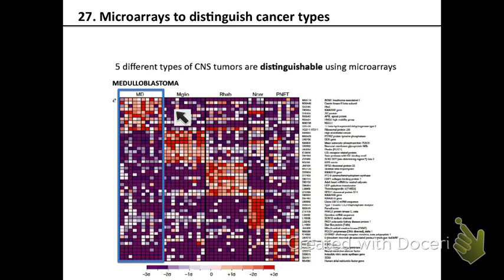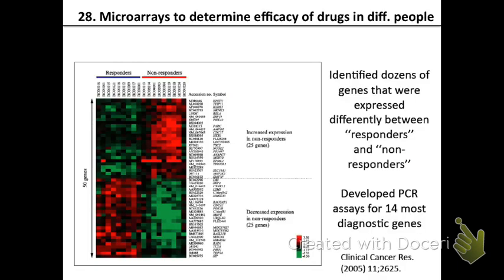So you can see that the expression of this group of genes is high in medulloblastoma, but not high in the other 4 cancer types, etc. So by doing the microarray analysis of these tumors, the doctor can decide which cancer type this patient's cancer belongs to, right? And then adjust the treatment to that.